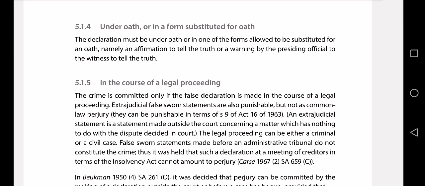Under oath or in a form of substituted oath. The declaration must be under oath or in one of the forms allowed to be substituted for an oath, namely an affirmation to tell the truth or a warning by a presiding official to the witnesses to tell the truth.